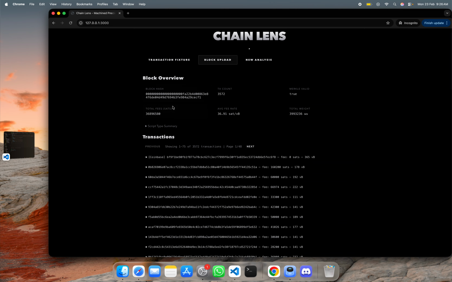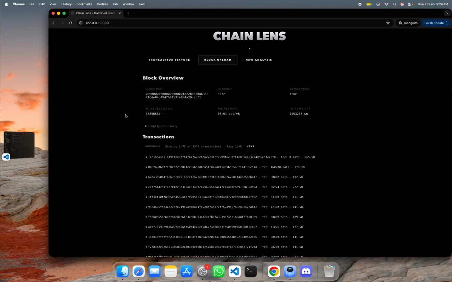Okay? And the transaction fee, as you can see, which is very important: 1 Bitcoin equals 1 crore satoshis, roughly, I mean 100000000 satoshis. So it is around 0.368 Bitcoin in fees, right?